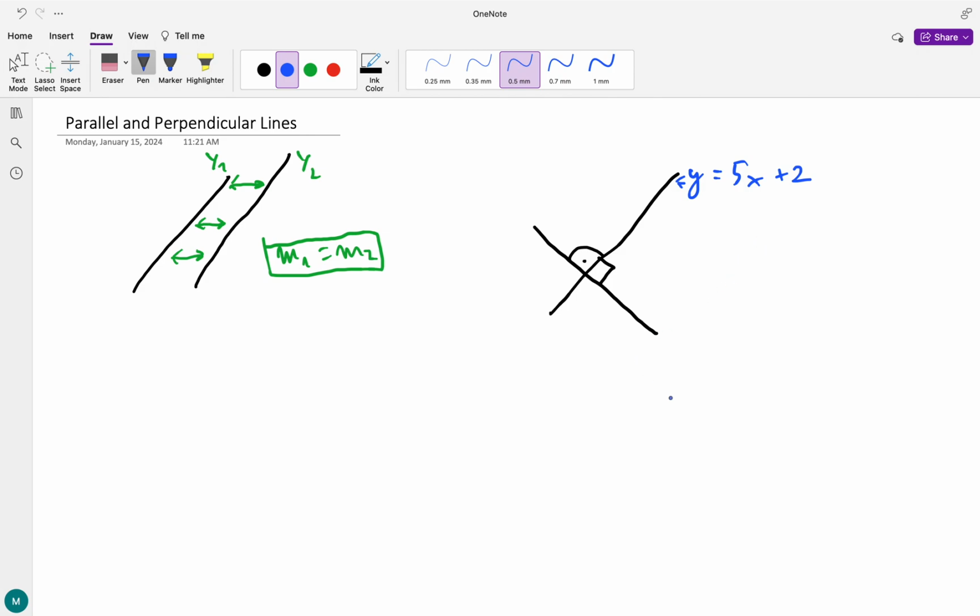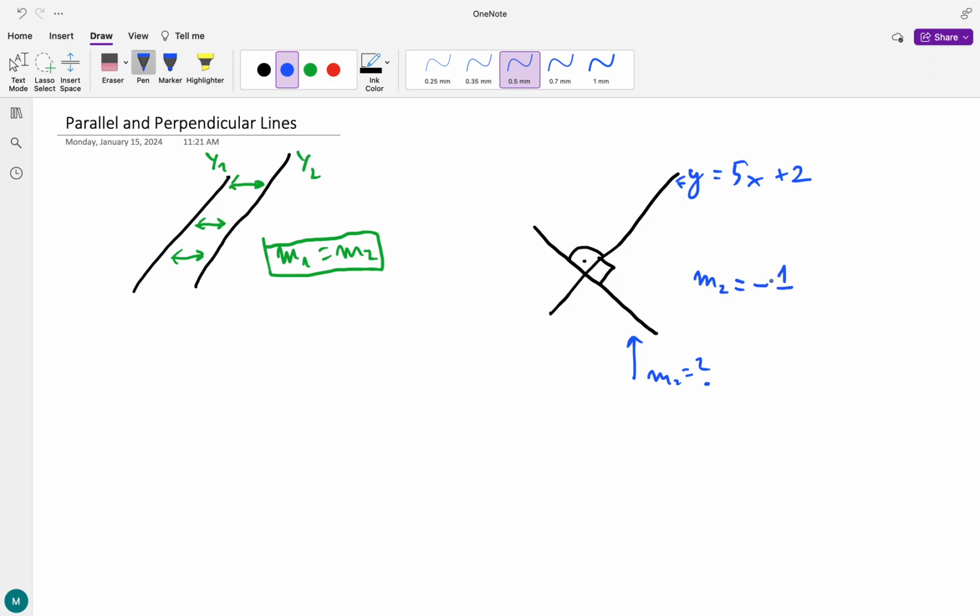Oftentimes in your class, you will be asked to find the slope of this line or find a complete equation given a point. You can try to figure it out on your own if you have a graph and calculate it manually using the formula for the slope. But there's something I want to point out. m2, the slope of the second line, given the slope of the first one, is equal to the negative reciprocal.